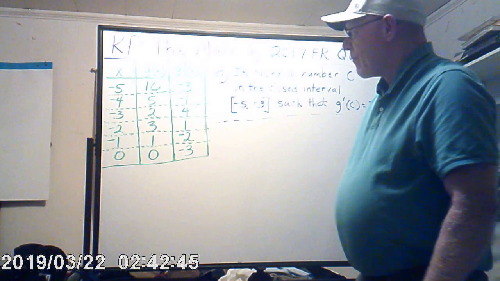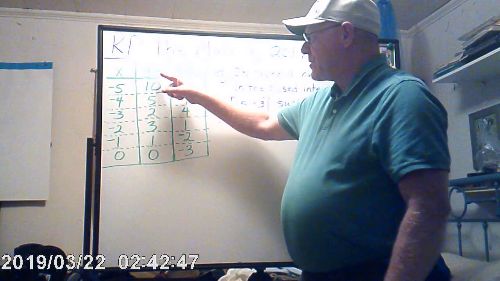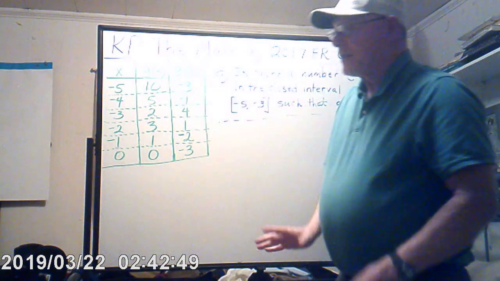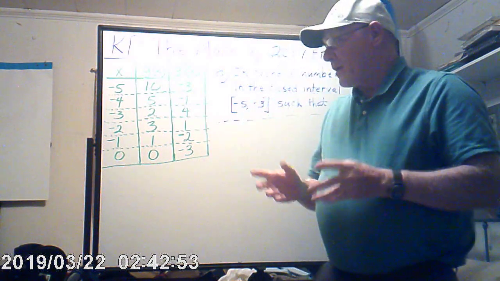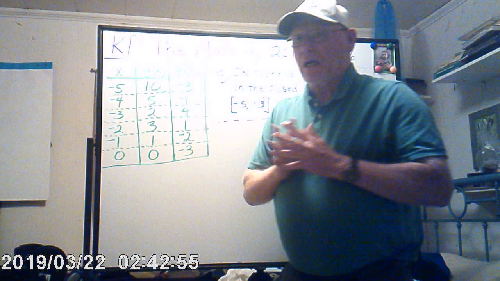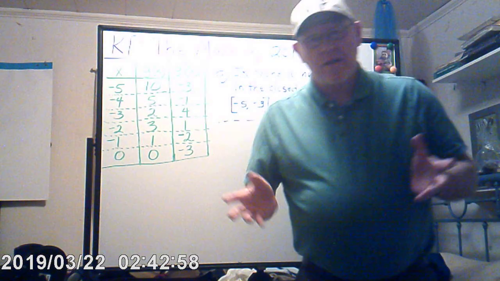Okay, you have x and you have g at x, you have g prime at x. So in other words, g is differentiable, which means, by the way, that g is continuous. Now that's important.